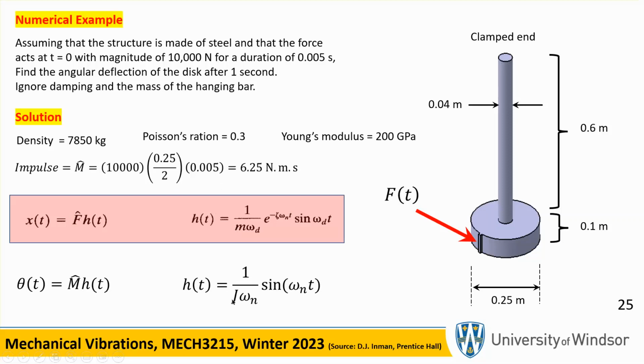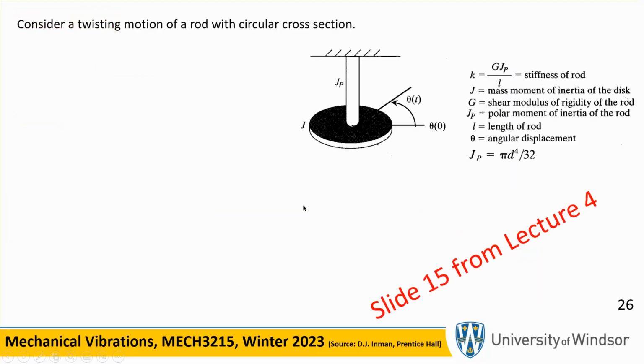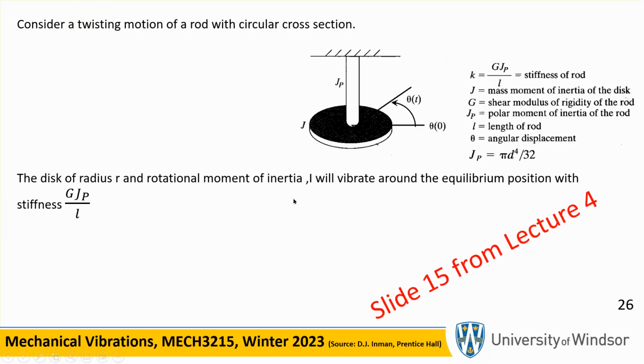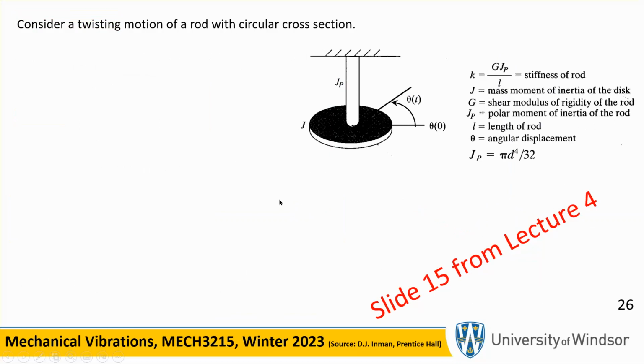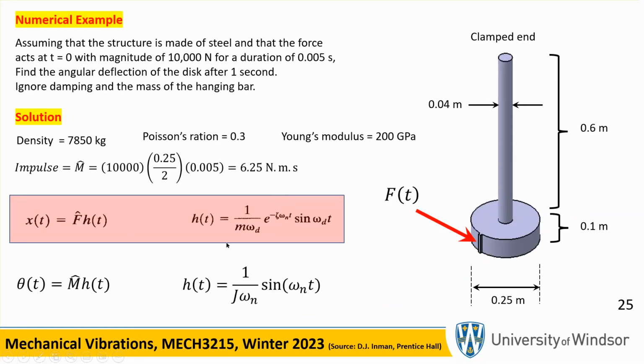Now, I need the J and stuff I have done using MathCAD, because you need the K also, right? Let's go back here for a second. To find omega n, you need the mass of this; we're going to ignore the mass of the bar. You need the mass of this, you're given density and all these things.